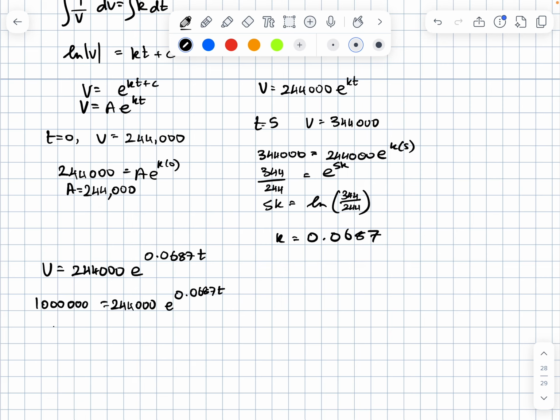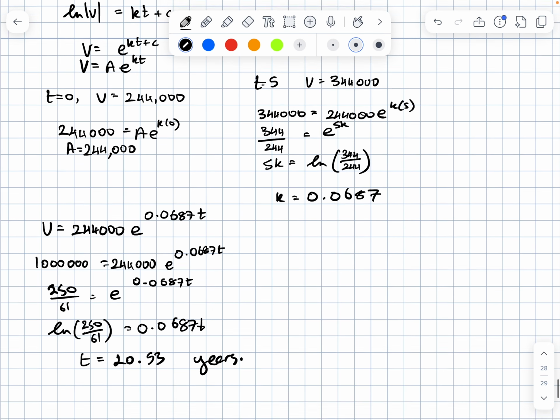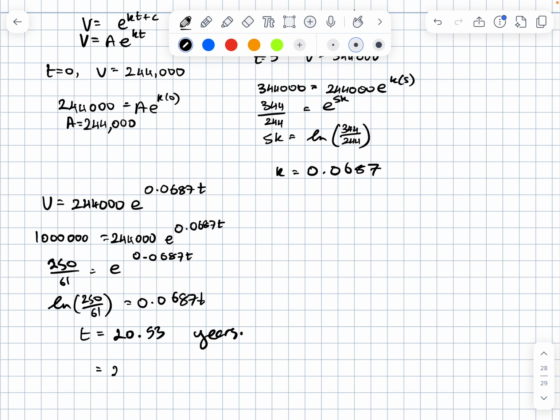Divide by 244,000, we get 250 over 61 equals e to the power of 0.0687t, which means that ln of 250 over 61 is 0.0687t, and so t is equal to 20.53 years. If you're asked to round to the nearest year, you'd then say that that would be 21 years, as at the 20th year we're not quite at 1 million.